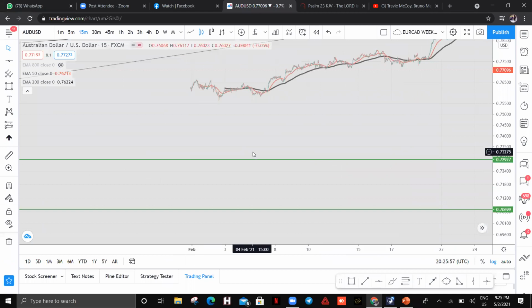Now, while it's loading, if you want to enter this trade, what you should look at first is the price. Let's say you want to take a buy on this particular pair, AUD USD. It should be on the pivot level. The candle that broke the pivot level, let me draw it.